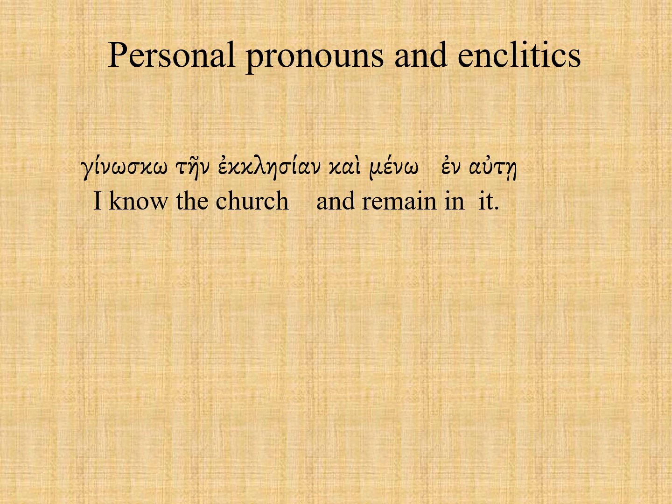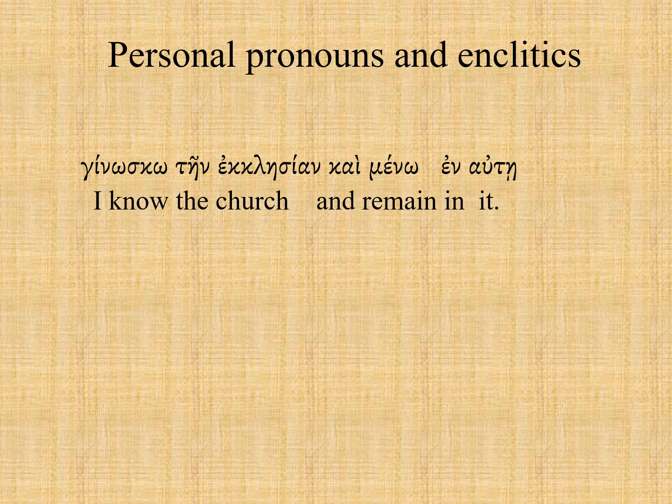If we break down this sentence, ginosko means I know. Then ecclesian is feminine accusative singular from the word he ecclesia, I know the church. And kai means and. Meno means I remain. And en means in. And aute means it or her.